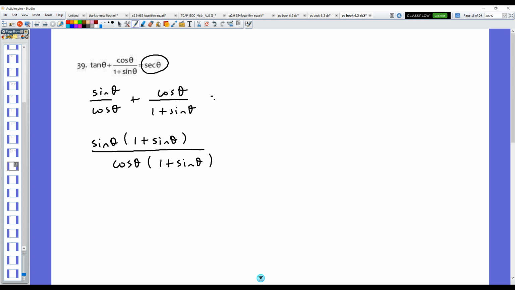From the second fraction with 1 plus sine, I need to pick up a cosine. I already have a cosine. I now have cosine squared. I'm going to distribute up on top. That is sine plus sine squared plus cosine squared.